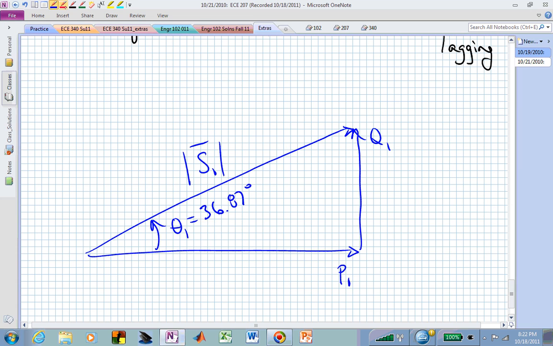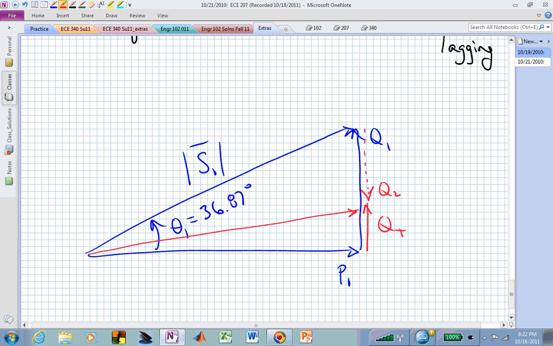Now what we want to do is introduce a Q sub 2 such that the sum of Q1 and Q sub 2 gives us Q sub T. And we're not going to change the amount of the real power or the average power.